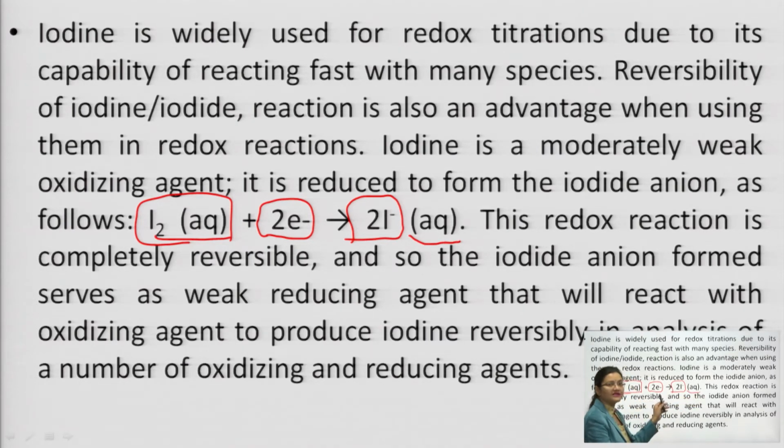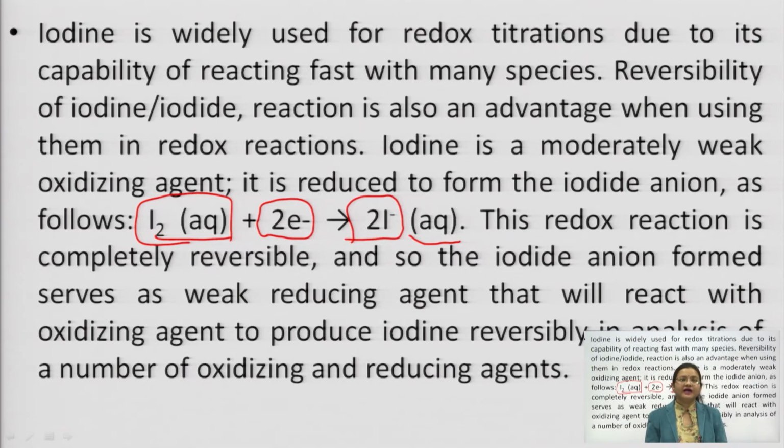Since you can see very well from this reaction, iodine absorbs 2 electrons, or reacts with 2 electrons, and that's why it undergoes reduction. Iodine gets reduced to 2I minus, iodide.